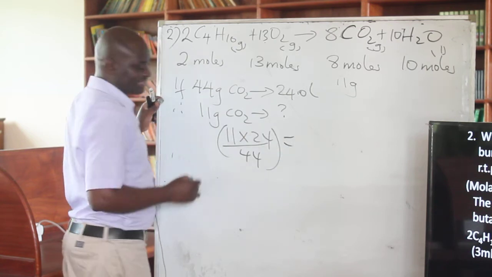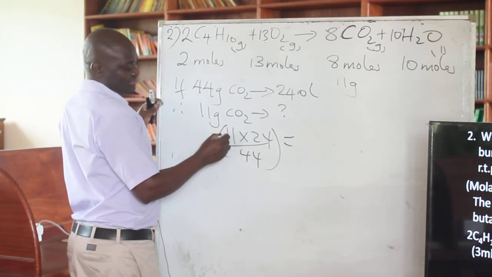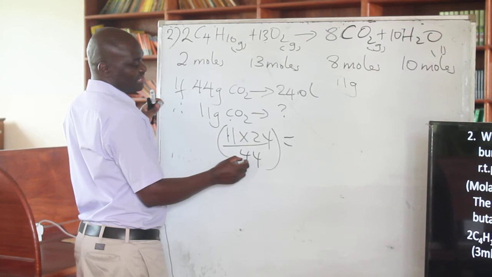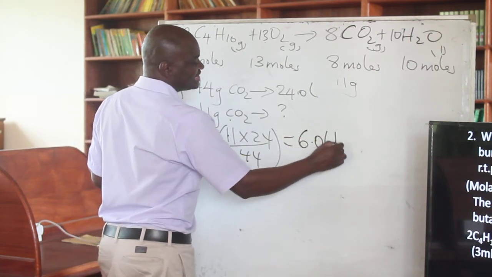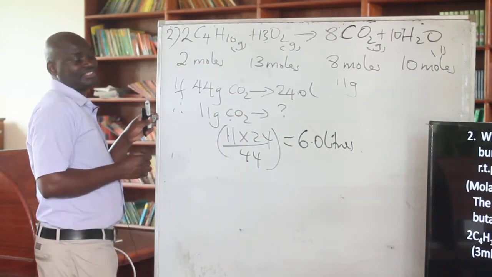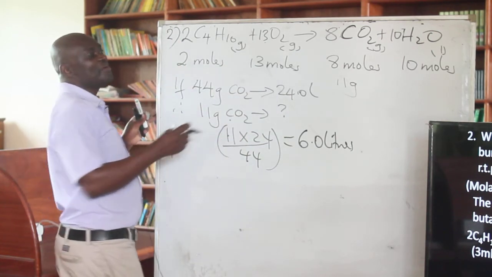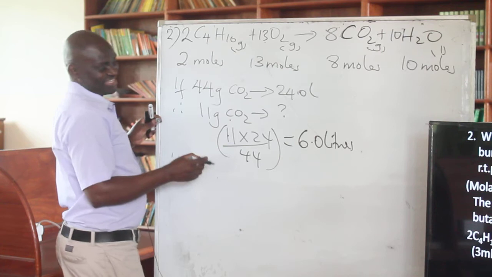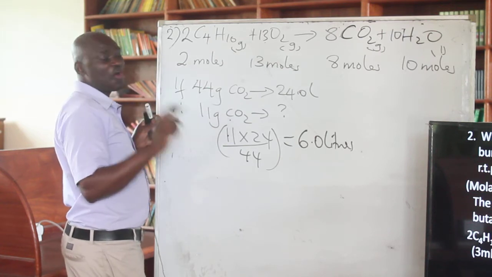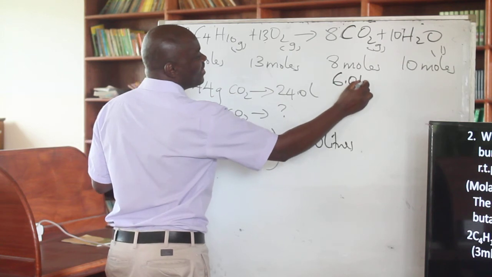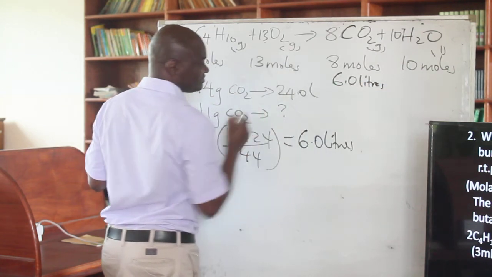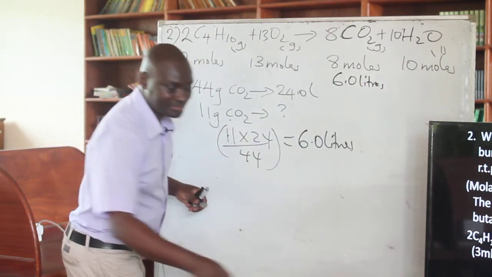This one goes here 1, goes here 4. This one will give us 6.0 liters. So the volume of CO2 formed is 6.0 liters from our calculation.